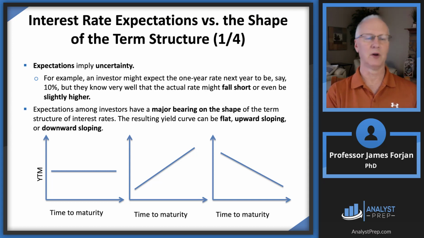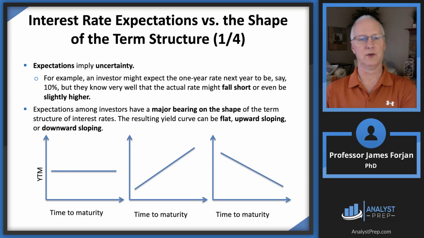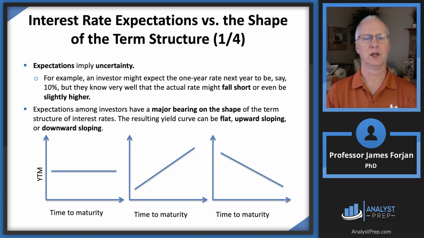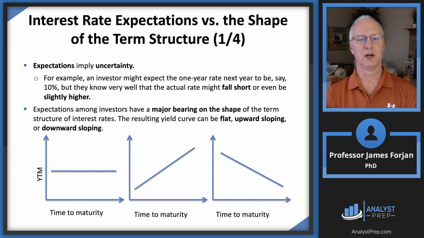So you can borrow today at 10%, but if you wait until a year or 2 years, you'll have to pay that expected rate of 12% or 14% or whatever that number is. And that's going to be an upward sloping yield curve. So notice that second bullet point I have written there. Expectations among investors have a major bearing on the shape of the term structure. That should make perfect sense.